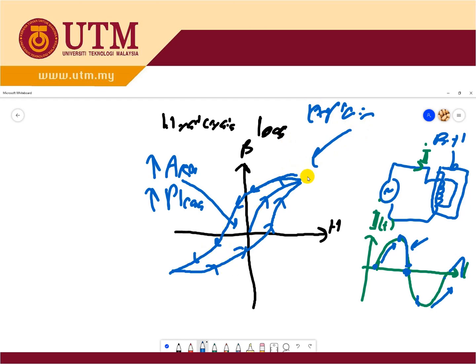Usually you can label it: this one is the origin, then A, B, C, D, E, F, then A again. Then it will loop until the source is disconnected.